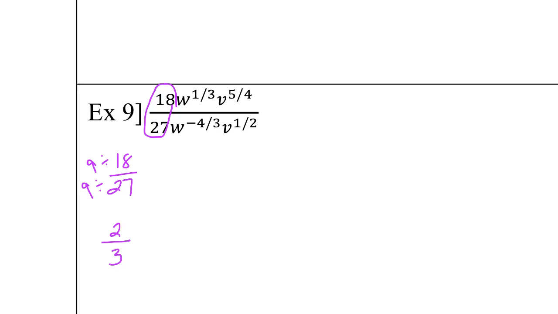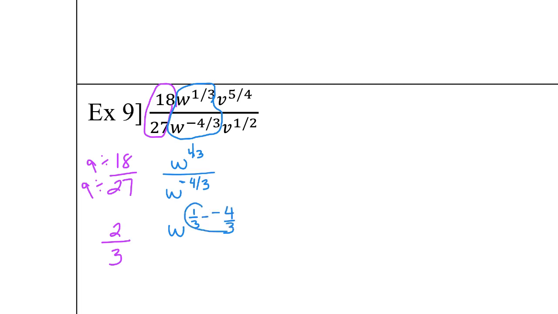Now the second thing I'm going to try to simplify are my w's. I have a w in the numerator and a w in the denominator. So w to the 1/3 over w to the negative 4/3. Well, according to my rules of exponents, if I have division, I'm going to subtract. So this is w to the 1/3 minus negative 4/3.